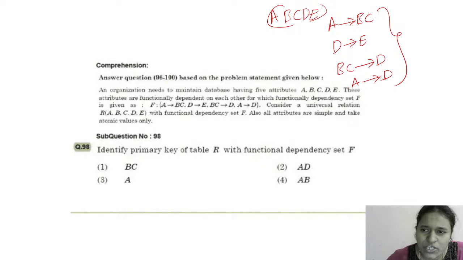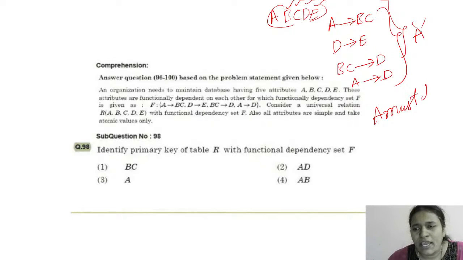For that, we have to check the right hand side first. B, C, D, E are present, but A is not present in the right hand side. That means A must be there in the candidate key. Whichever attribute is not present in the right hand side will be present in the candidate key.